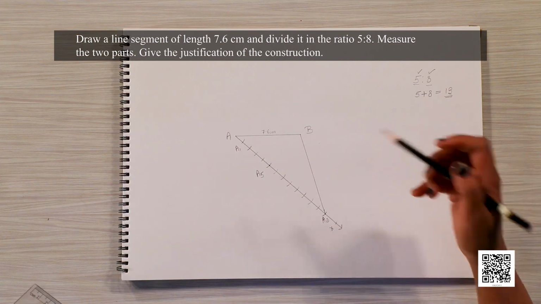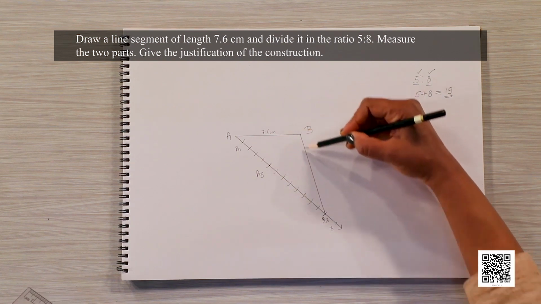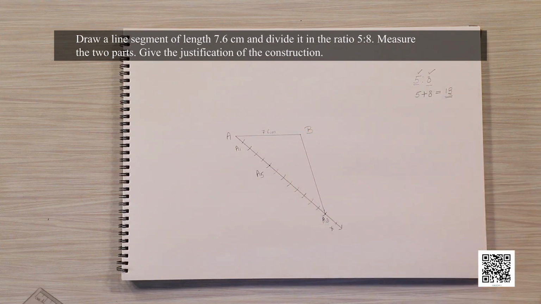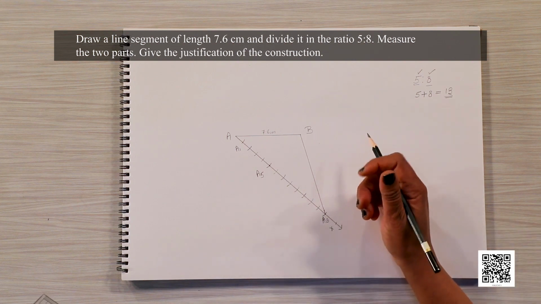The next step will be from point A5, we will draw a line segment parallel to BA13. How we are going to do this? We will use the result that if corresponding angles made by two lines with the transversal are equal, then the lines are parallel. So, we will draw corresponding angles equal so that we get two parallel lines.